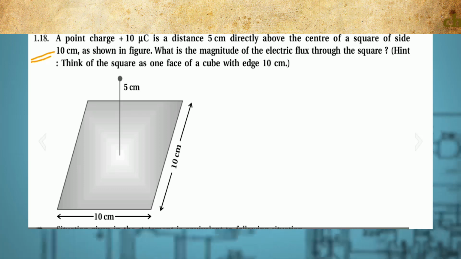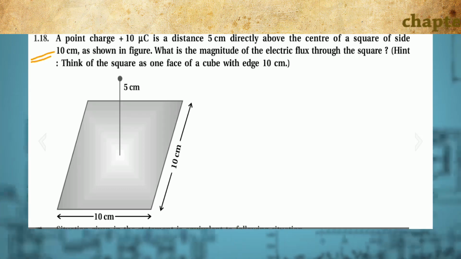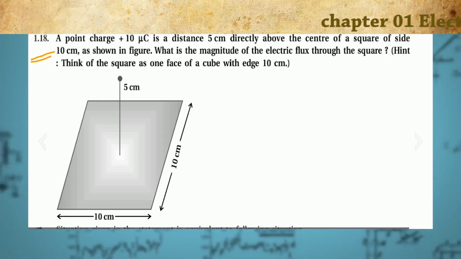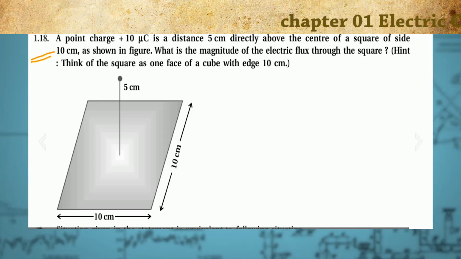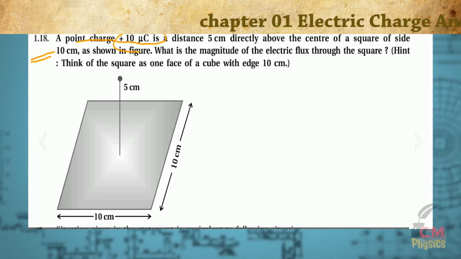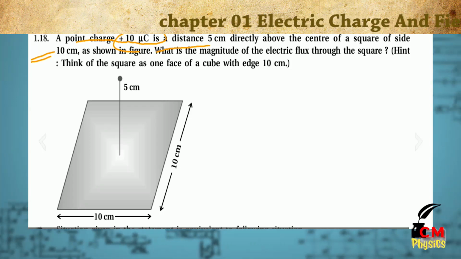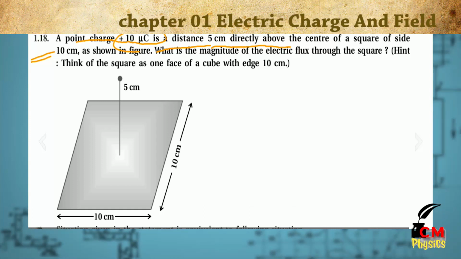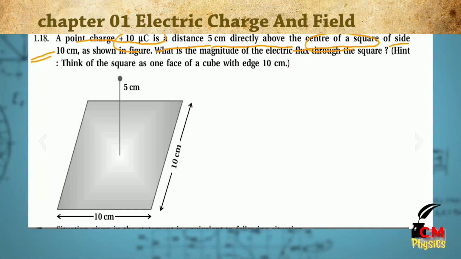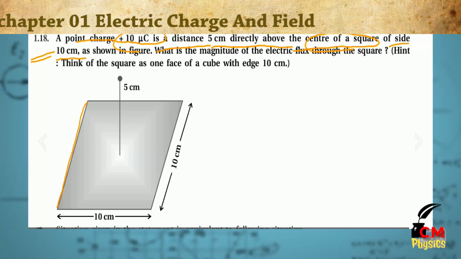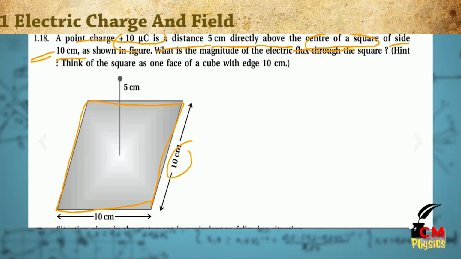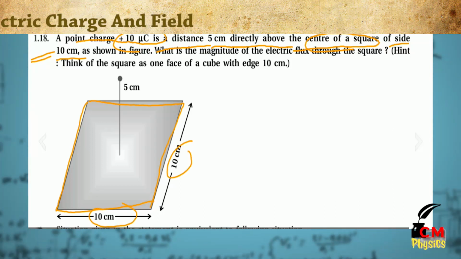Question number 1.18. Dear friends, it is also based on the Gaussian surface and the concept related with electric flux. Here one point charge of plus 10 mu c is at a distance of 5 centimeter directly above the center of a square of side 10 centimeter.